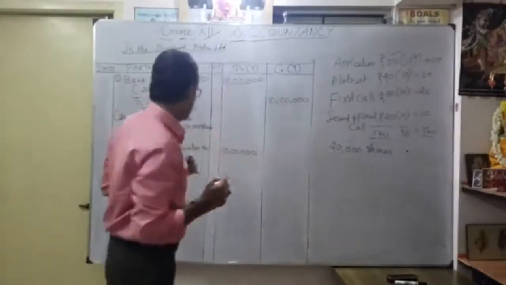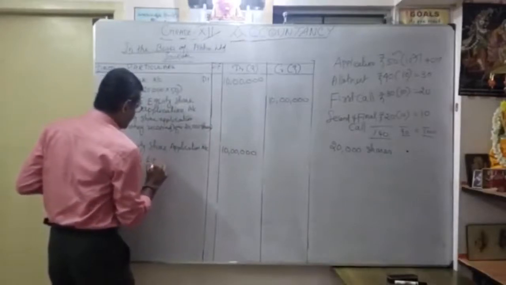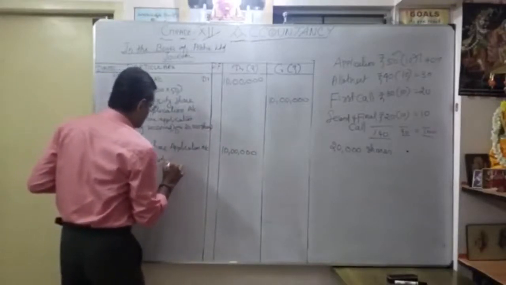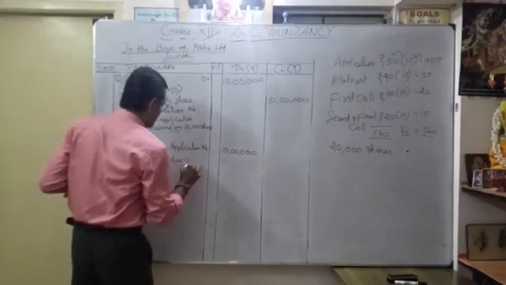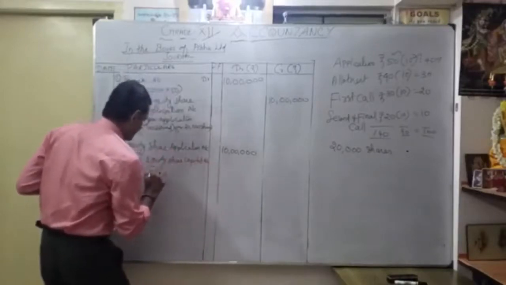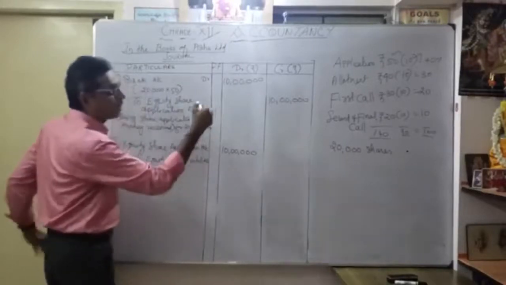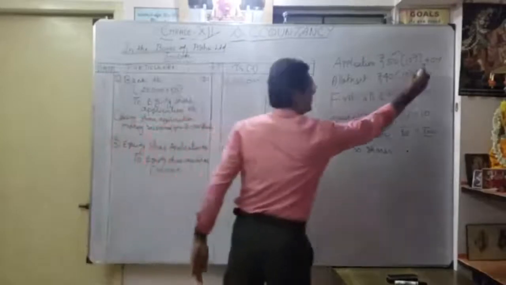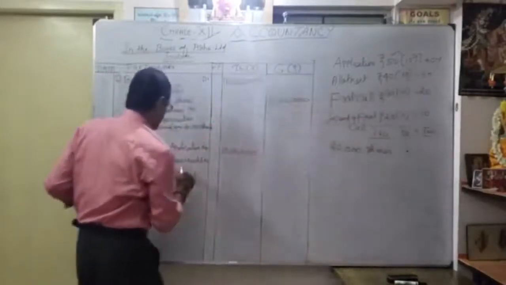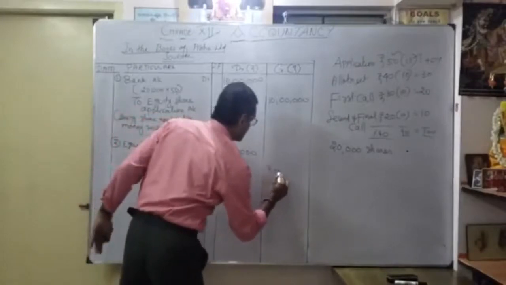Equity share capital account. Okay, so here to equity share capital account. How to write in the bracket: 20,000 into how much? 40 rupees. Correct? That 40 you have to write, 40 rupees. After count, 8 lakhs.